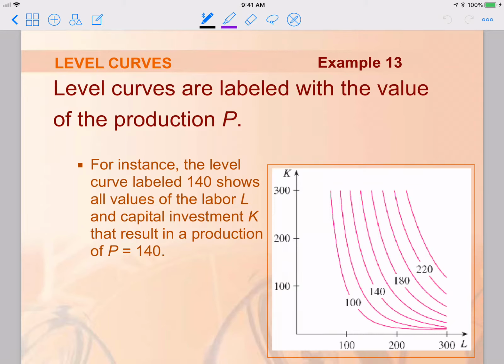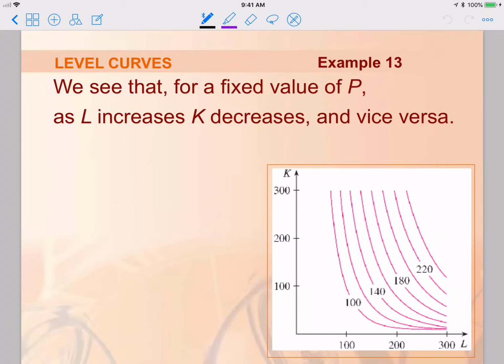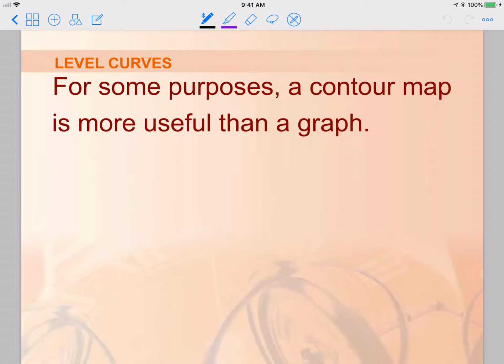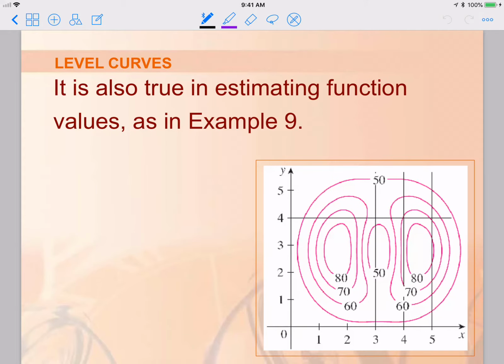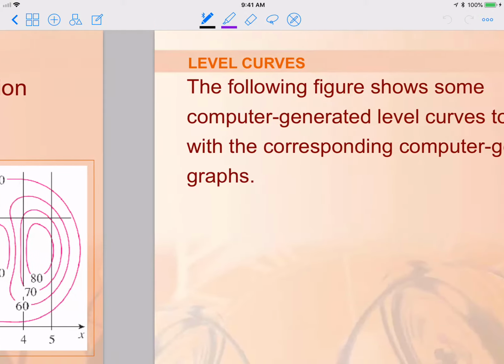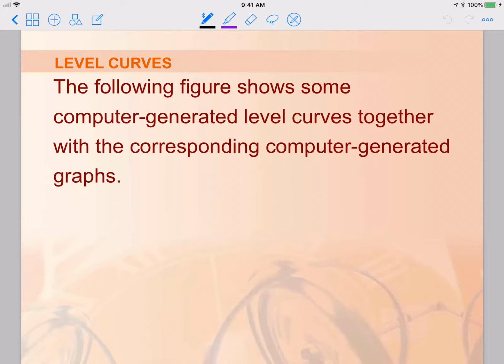Okay, so these values here are the production level, so that's the P. And for some purposes, a contour map is more useful than a graph. So definitely, you're able to see trends easier. And in terms of estimating, the contour is very easy.